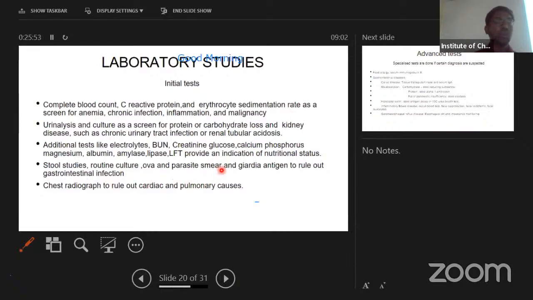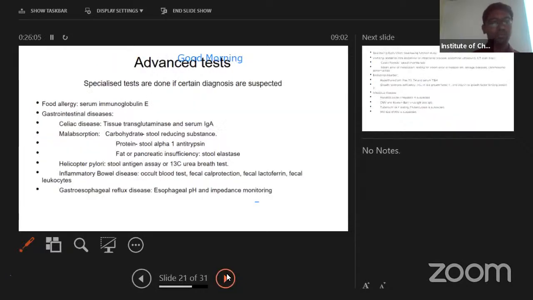And the chest radiograph and the echocardiography we have to do to rule out cardiac and pulmonary causes. These are the advanced tests we have to do in the next level.